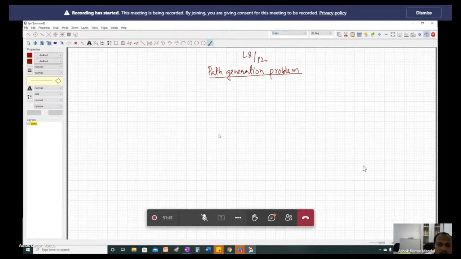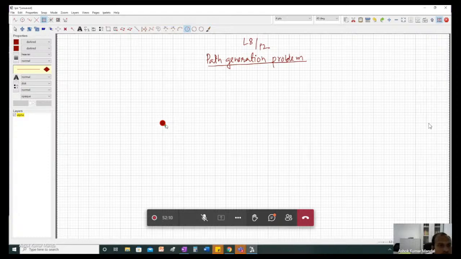Suppose I want 3 positions of a point. The first position of the point is here. Just to show it properly, I have drawn a circle, not a point.